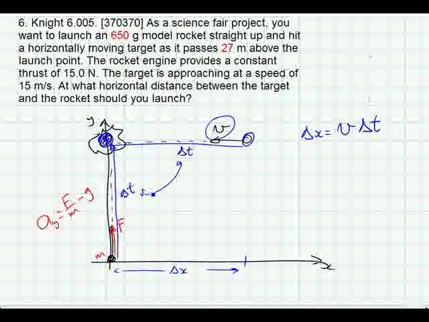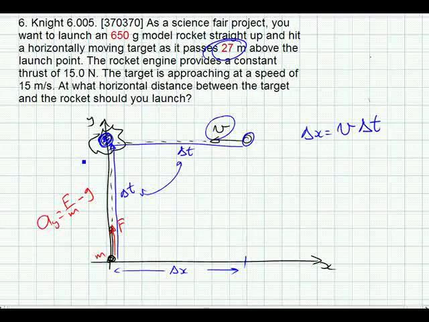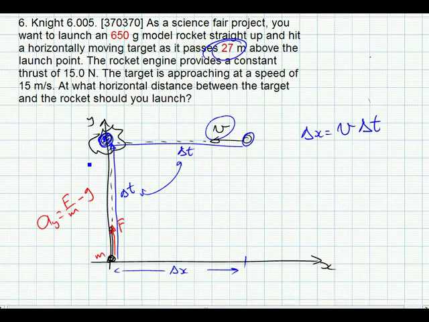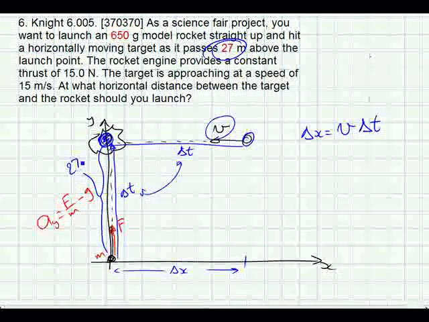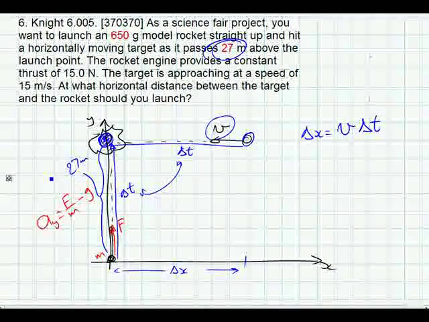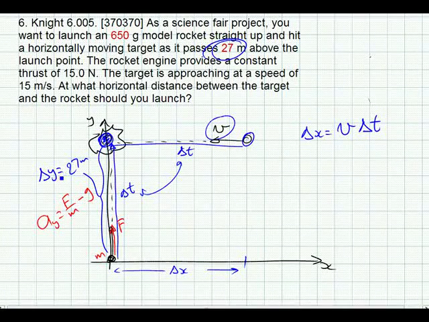Well, the delta t along the y direction, we know that we want to hit the target when it is 27 meters above our launch site. So we are given, so this is 27 meters. So 27 meters essentially is our delta y.